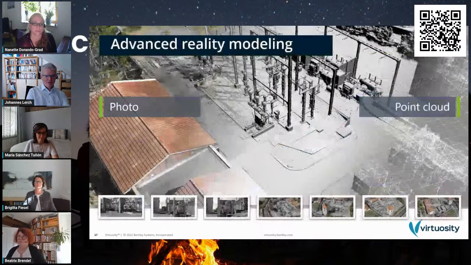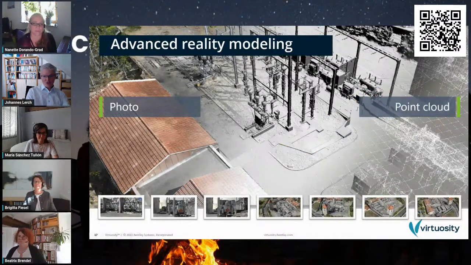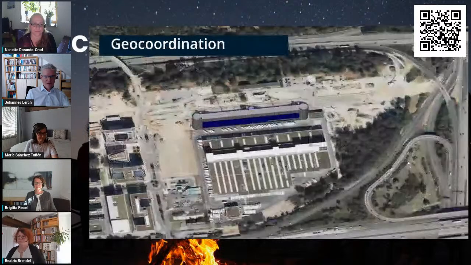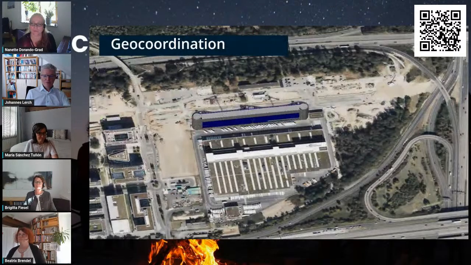Next slide, please. As mentioned already, point clouds and photos can be integrated to have an excellent result, and to use it as easily and quickly as possible. Next slide. This is an example of geocoordination at Frankfurt Airport, where the building is placed at and designed in speedikon at the exact place.